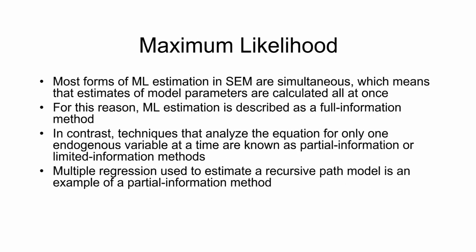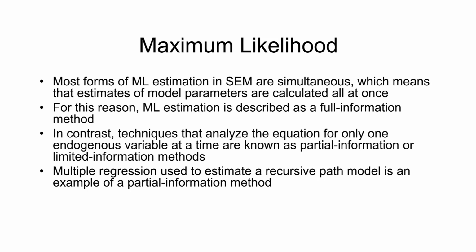All right, and then just again, we talked about maximum likelihood last week, when we were talking about estimation procedures for exploratory factor analysis. This is going to be an estimation procedure we're going to use in much of structural equation modeling. It's pretty much the default, and it allows us to calculate all of the parameters at one time.